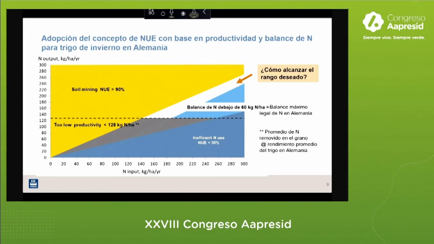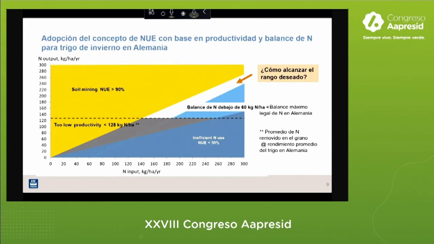And that means that the average wheat yield is equivalent to 128 kilograms of nitrogen per hectare, shown by the horizontal dotted line. And then we have a limit for the nitrogen balance, which is 60 kilograms in Germany. And that's a legal limit that farmers have to comply with. And that means the lighter blue part gives the limit for the nitrogen balance.